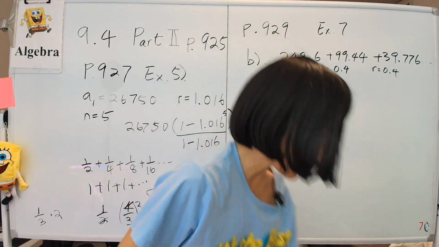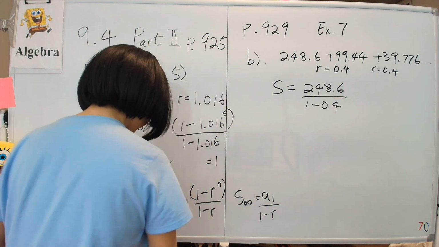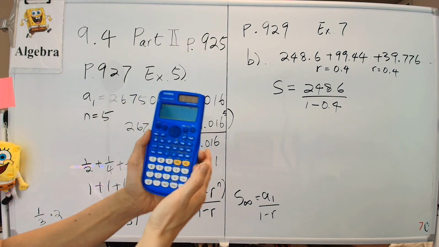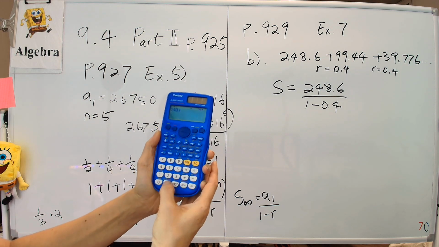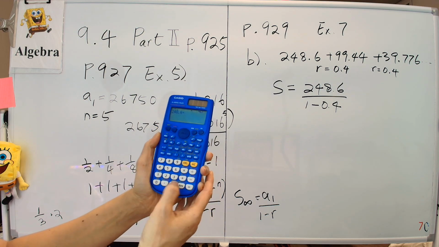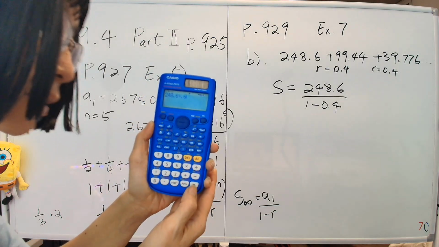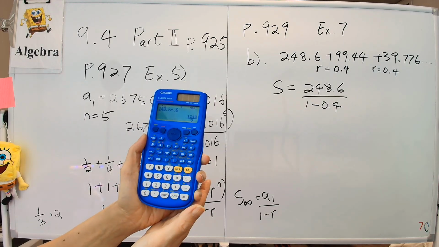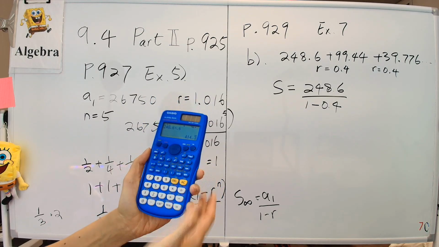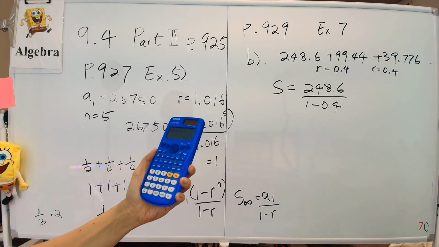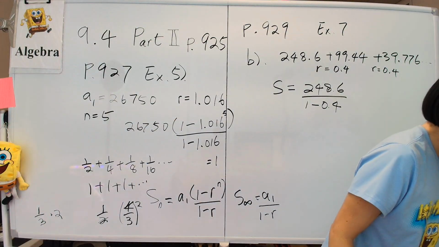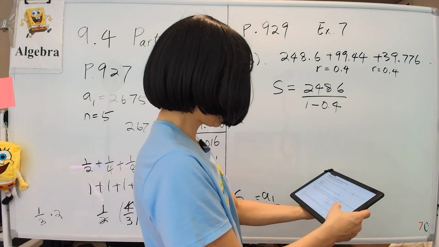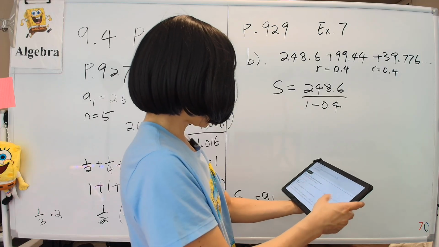So let's plug that in and see what it says. 248.6 divided by 0.6 equals 414.3. All right, let's see, is that correct? Part B, 414.3, that is correct. All right, so that's part B.